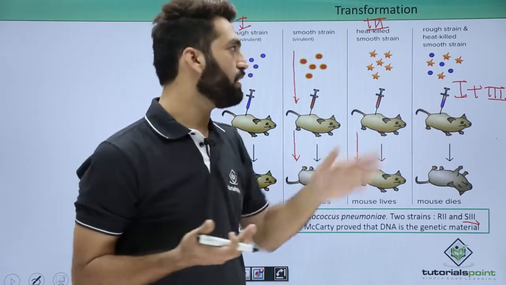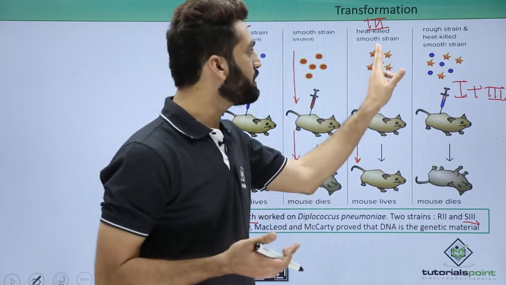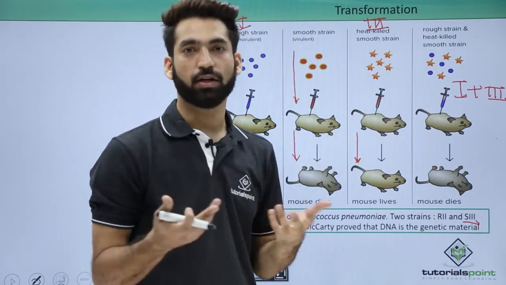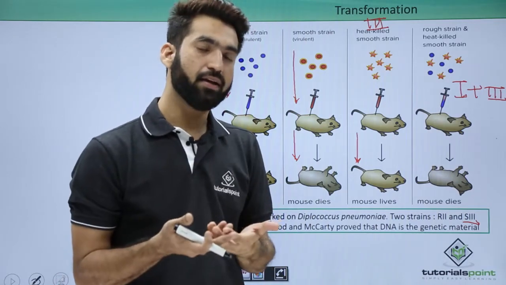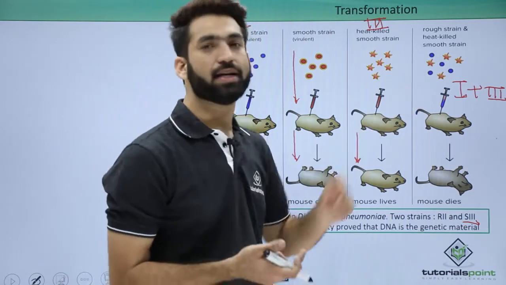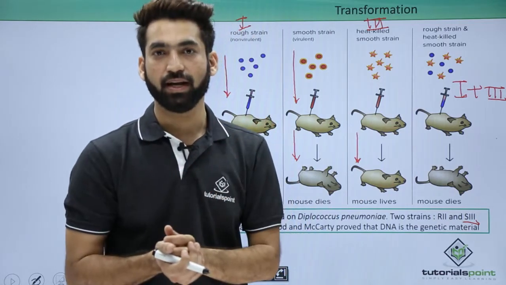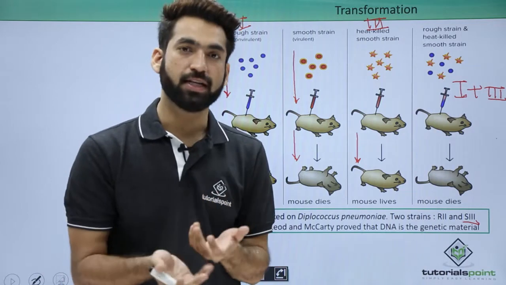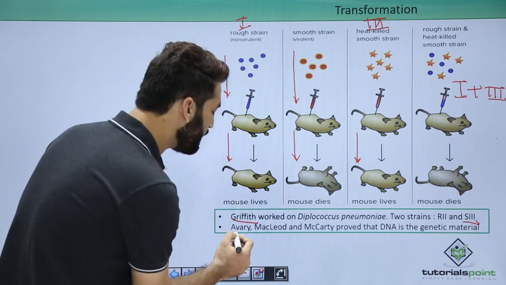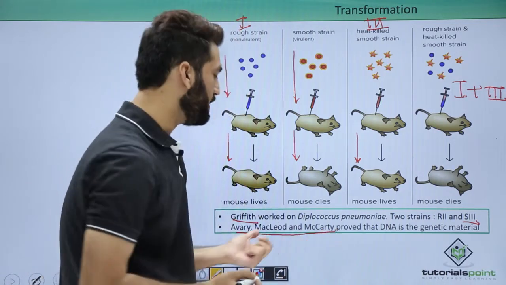Then he thought that R2 was not killing, heat killed S3 was not killing, so what was happening? He said there is something transferring from the heat killed S3 strain to the R strain, and that is causing the infection. What is that? He could not tell. Now there are three scientists called Avery, MacLeod and McCarty, three important names.